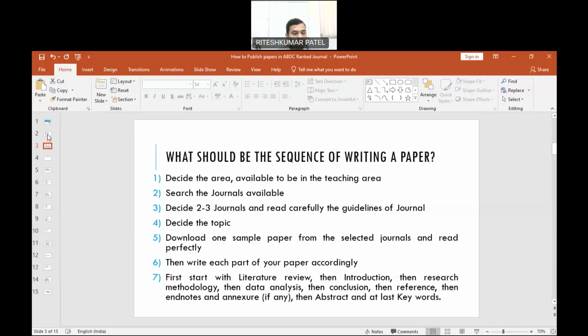One more important thing I would like to highlight here is about references. It is advisable that as and when you cite any paper in your paper, you add it to the reference list at the same point.